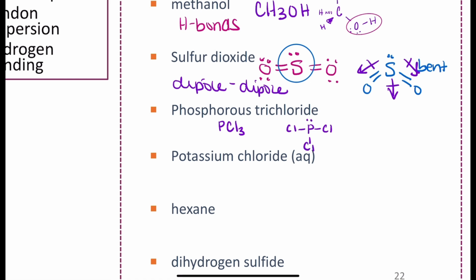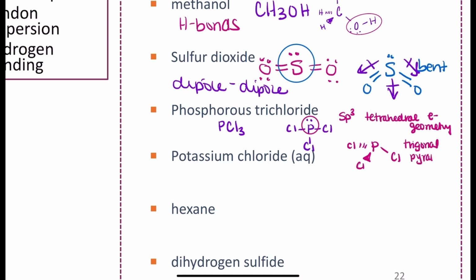I have 4 areas of electron density, which means the phosphorus here is sp3 hybridized, tetrahedral electron geometry, but the molecular geometry is trigonal pyramidal. The chlorines are all more electronegative than the phosphorus, so there is a net pull on the molecule, meaning it's a polar molecule. There's no hydrogen bonds, so it is dipole.